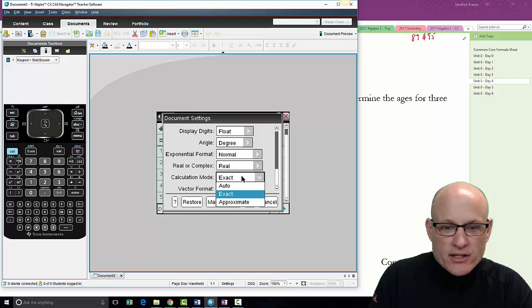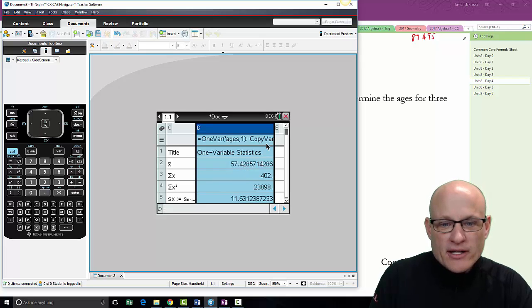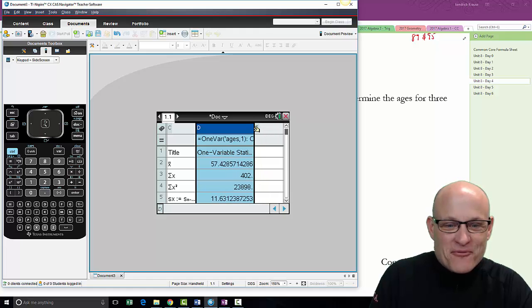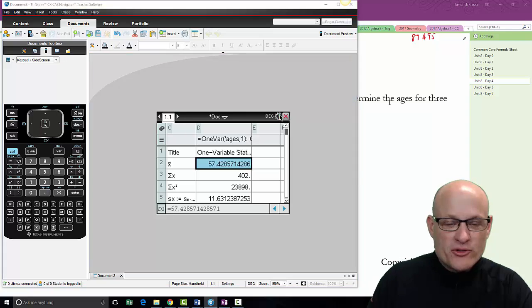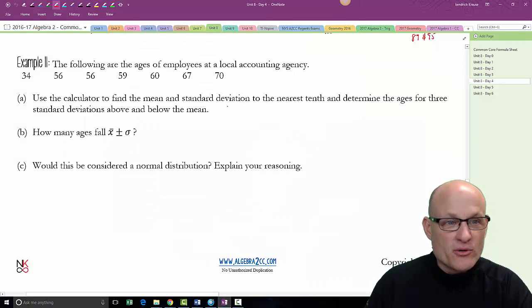Document settings. Approximate. Make default. Okay, there we go. It was giving me a fraction. So my X bar is 57.428. Well, that's so dumb. So my X bar is 57.43, let's say.